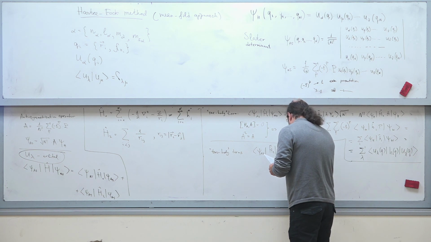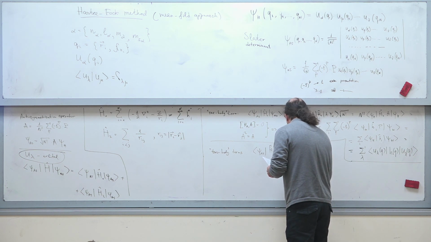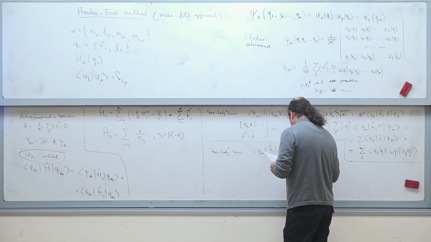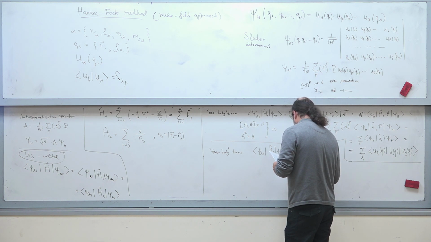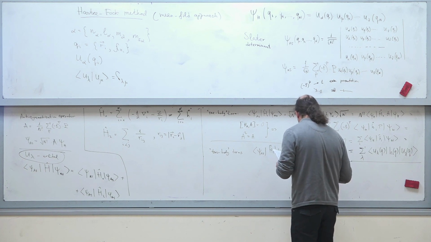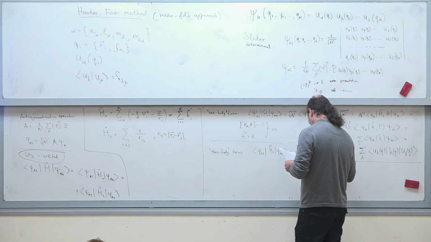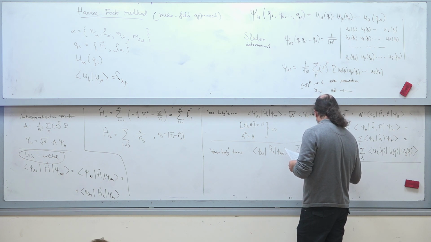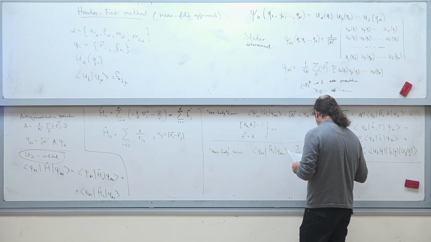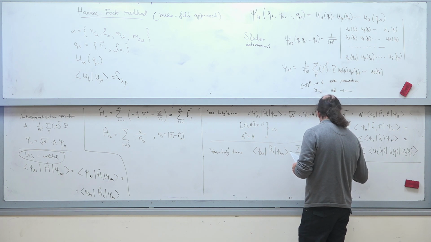This gives the sum over i less than j, sum over P, all permutations, minus 1 to the power of permutation, psi Hartree, closes the 1 over Rij, that's the Hamiltonian, P, permutation, psi Hartree.